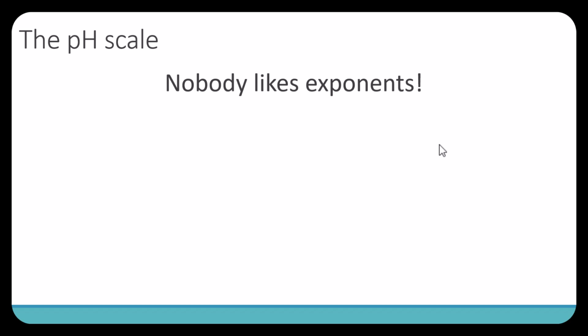I really think, and this is a personal opinion, that pH came about because nobody likes exponents, right? So how can we make these numbers a little more user-friendly and something that actually means something to us? pH is defined as the negative log of the hydronium ion concentration.